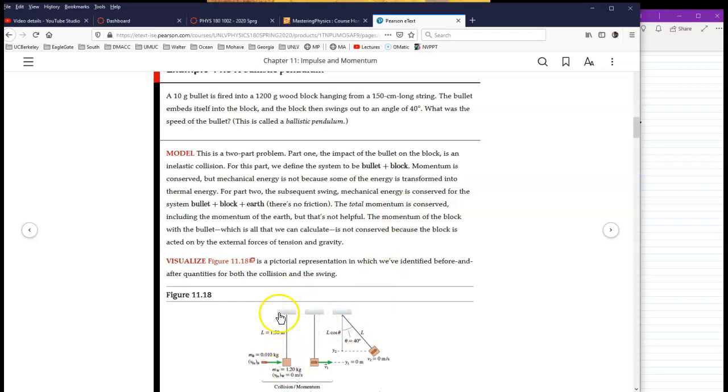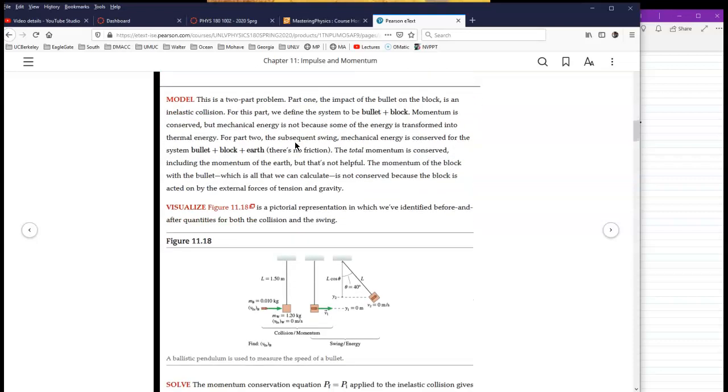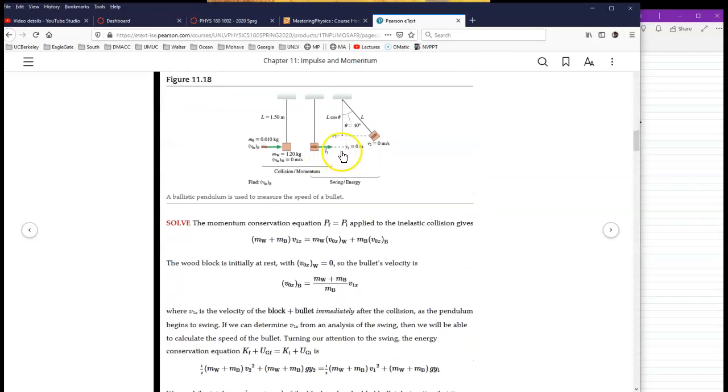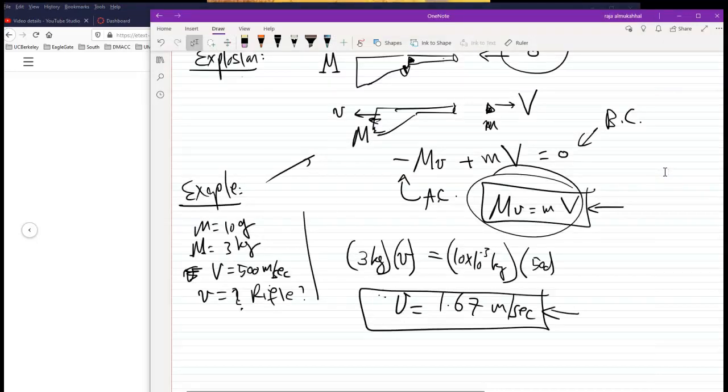The bullet embeds itself into the block, and the block then swings out to an angle of 40 degrees. What was the speed of the bullet? This is how they used to know the speed of a bullet. Let me make a drawing of that, and then I will put some numbers, and then we'll use conservation of energy and momentum to solve this problem.